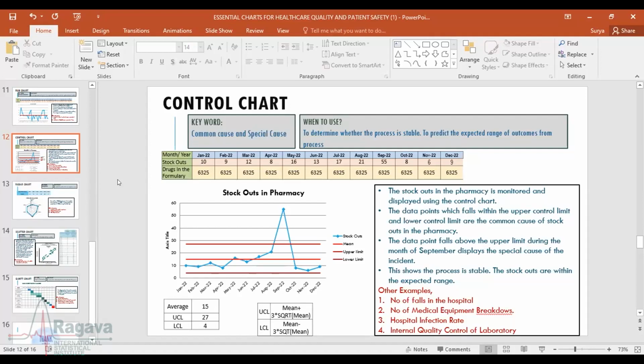Quality professionals who have studied this course will understand all these charts, but whether a common audience from operations or nursing will understand, we do not know. I have yet to practice that. But the Pareto chart clearly explains where I need to concentrate more.